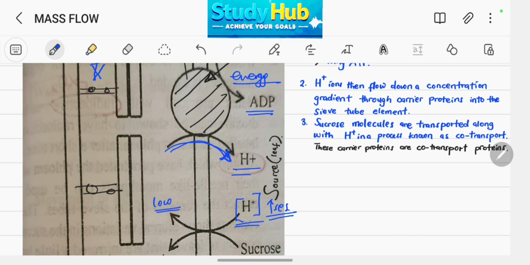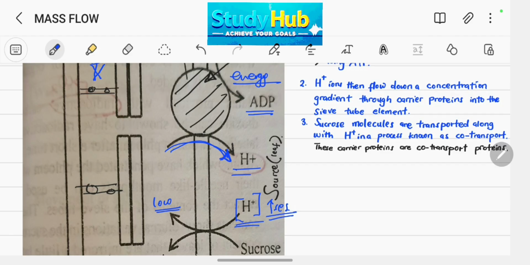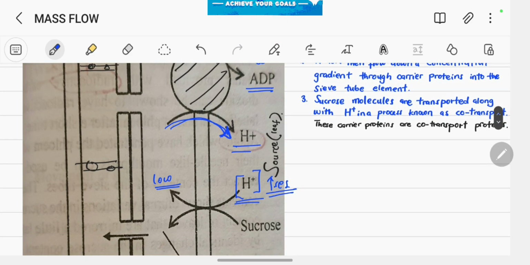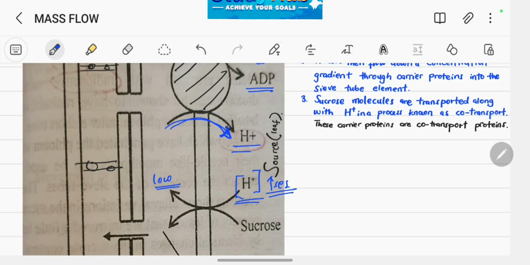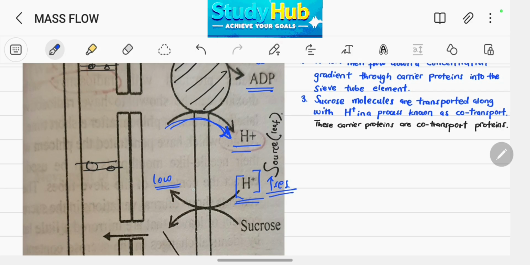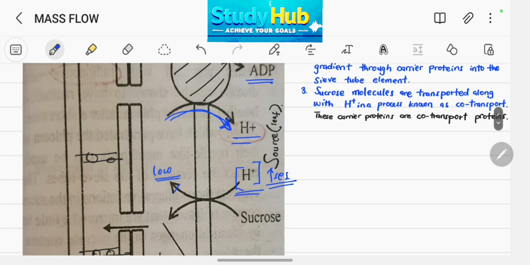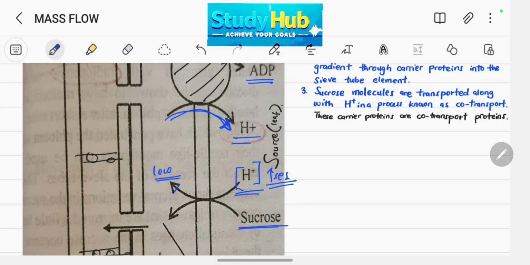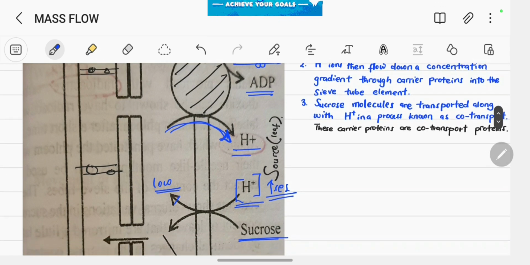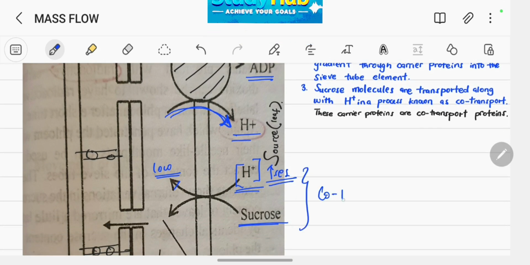So there is a gradient that is going to be established there. So hydrogen will start diffusing into the companion cells. As hydrogen diffuses into the companion cells like that, it's going to come along with our sucrose. So this one is called co-transport.